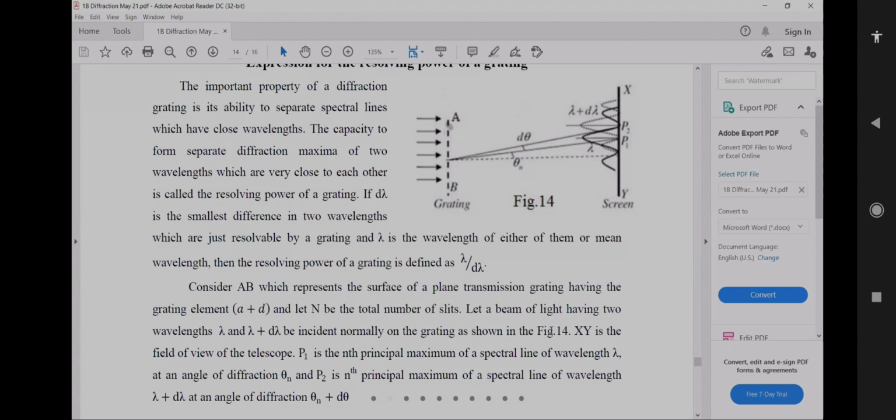So this is lambda, the dark line, and lambda plus d lambda is the dotted line. XY is the field of view of the telescope.